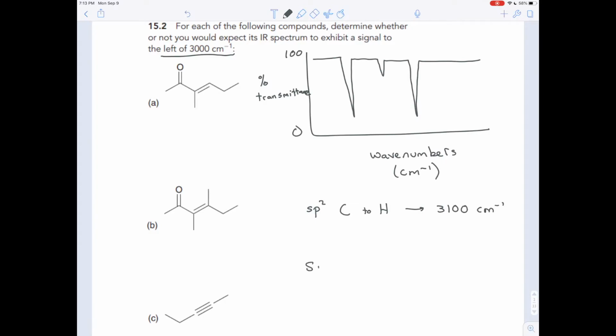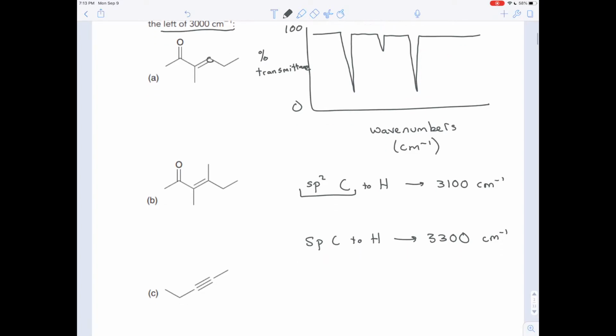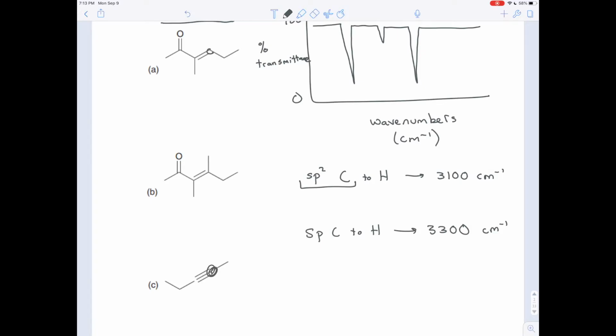A bond between an sp hybridized carbon and a hydrogen vibrates at around 3,300 wave numbers. Remember, an sp2 hybridized carbon usually is a carbon involved in a double bond. An sp hybridized carbon is usually a carbon involved in a triple bond.